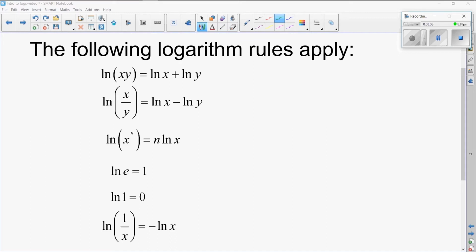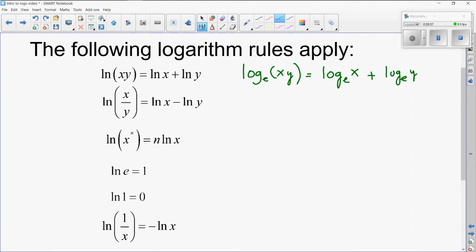So we've discussed these rules using the common log and the log to any base a, and they apply to the natural log. So the ln of xy equals the ln of x plus the ln of y. What I'm saying is that if I take the log of xy to the base e, it is going to equal the log of x to the base e plus the log of y to the base e, and the log to the base e of any number is called ln of that number.